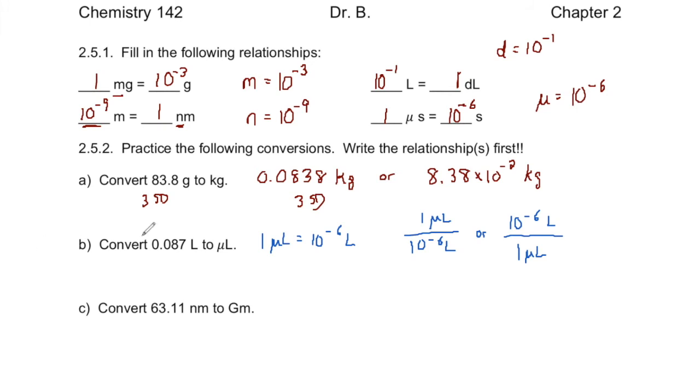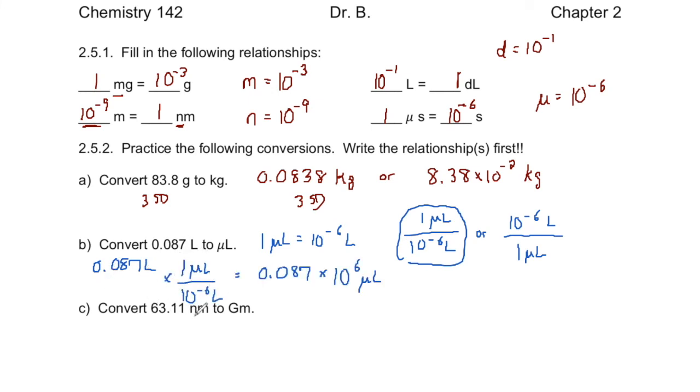For example B, this is our correct relationship. 1 microliter equals 10 to the minus 6 liters. We can use either of these conversion factors coming from that relationship. Since we are trying to convert liters, this is going to be the more useful conversion factor. If you divide 0.087 by 10 to the minus 6, that's the same as multiplying it by 10 to the 6.